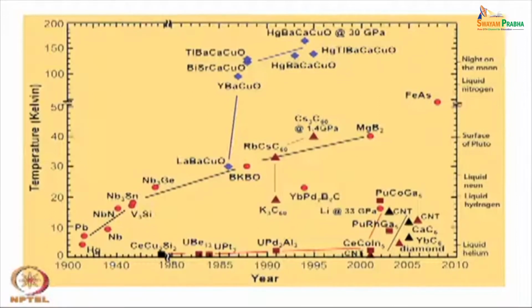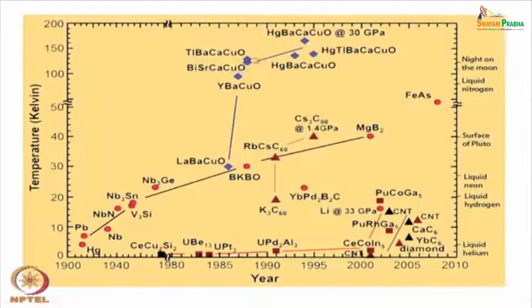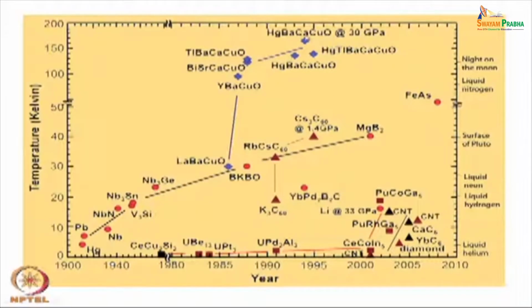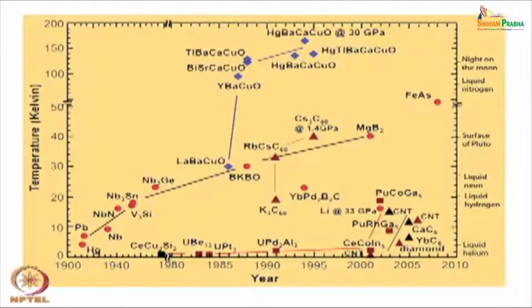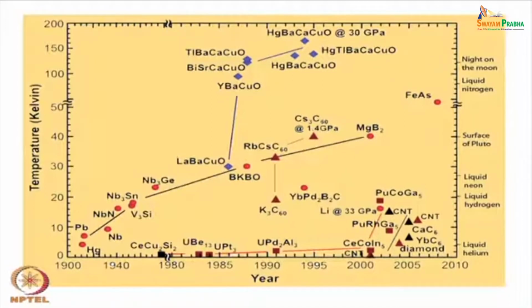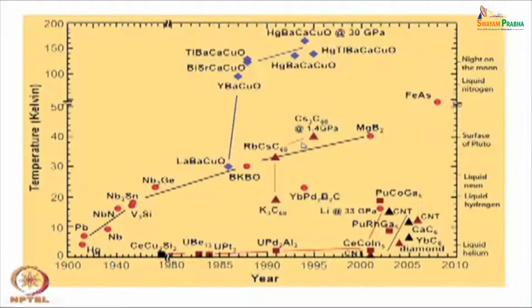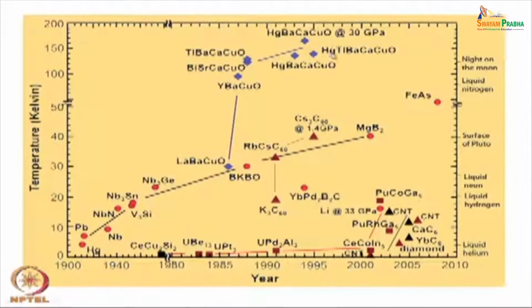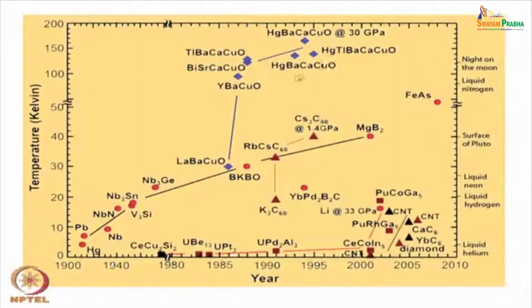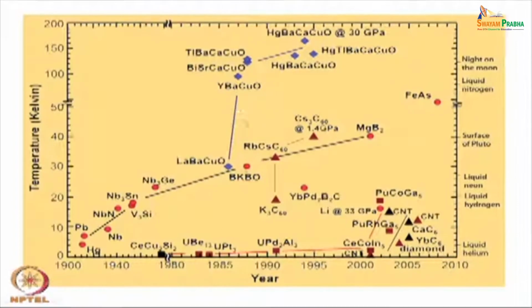That is a very good sign that we are still on the path of increasing the Tc, and maybe at some future time one can expect a room temperature superconductor with some oxides. So, ceramic superconductors are believed to have a great future so far as the Tc is concerned, but there are many practical problems, some of which we will be discussing later on.